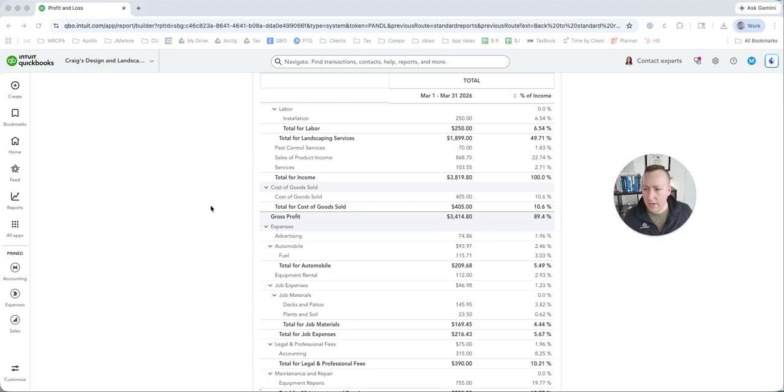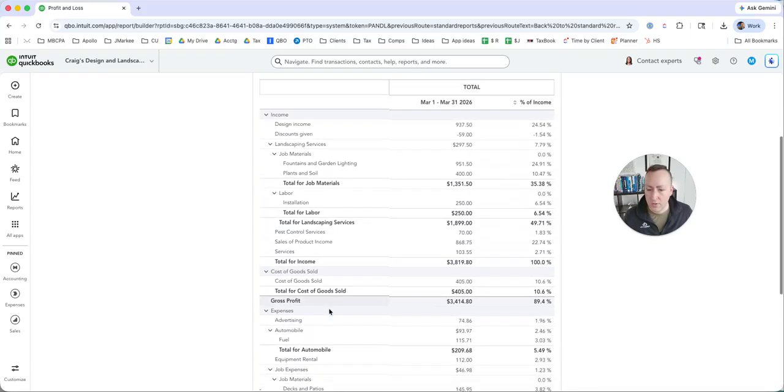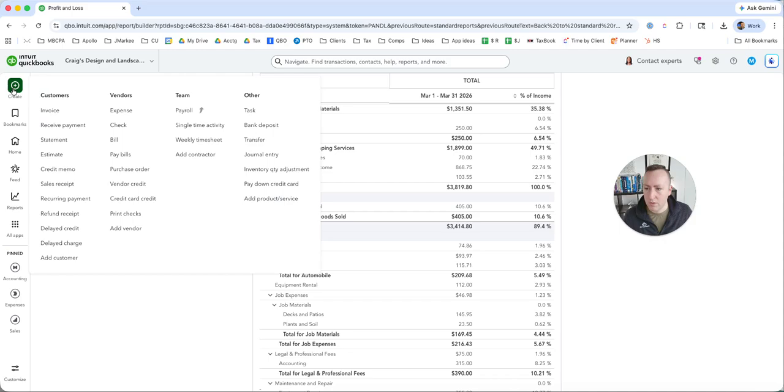And a side note here, while we're on the profit and loss and we're talking about revenue and expenses in QuickBooks, there's some important terminology here where there's multiple types of transactions that can play into revenue and expenses. So when we're talking revenue, when you are going to collect money from your client, chances are you are going to generate an invoice.